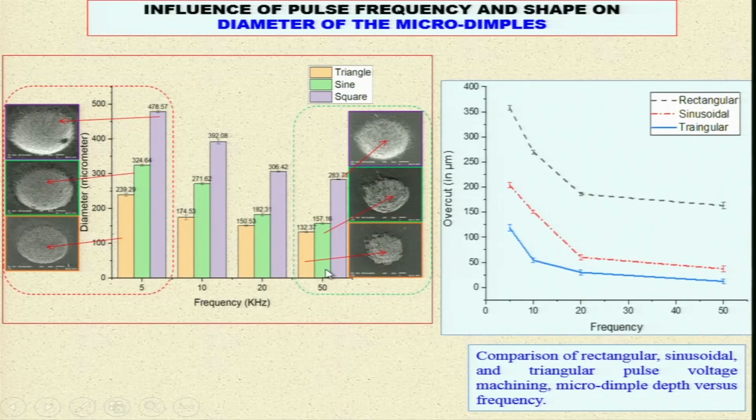So, you can see here, this is for the triangular one, this is for the sinusoidal and this is for the square one, and the largest one is there, but these are the areas from where we do not want to remove the material. So, accuracy is not very good in this particular case compared to this case. Same is the case over here, this is the better quality, this particular one, that is the square one.